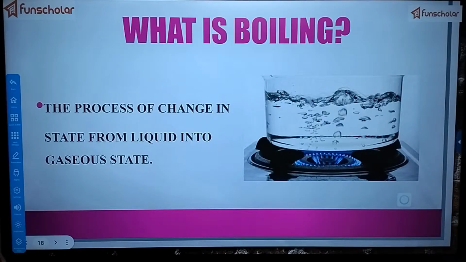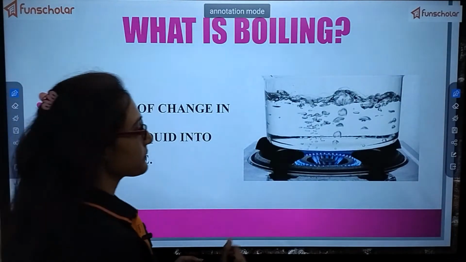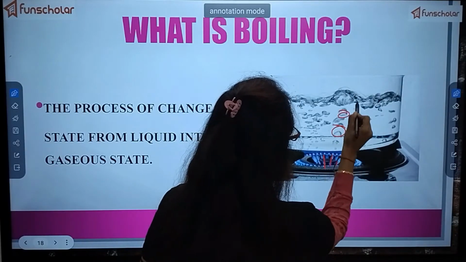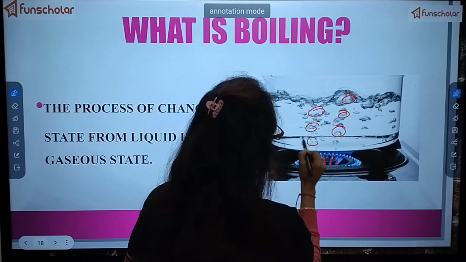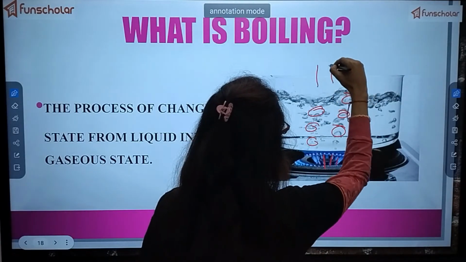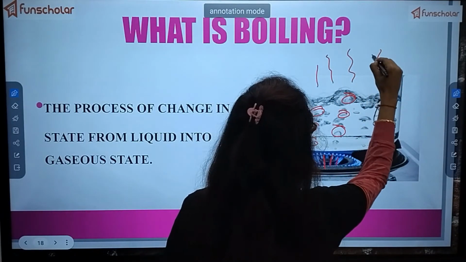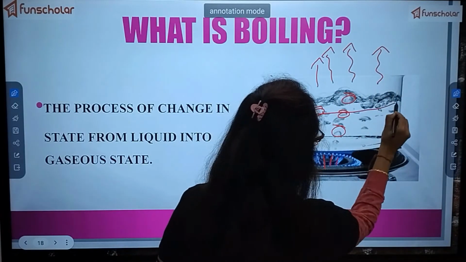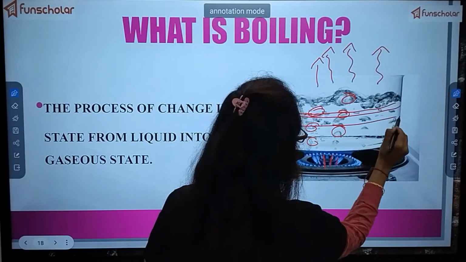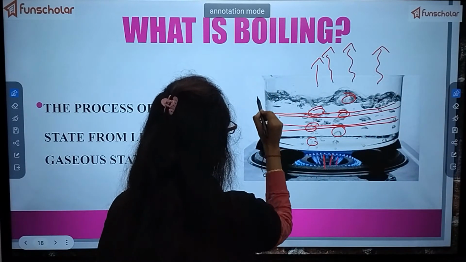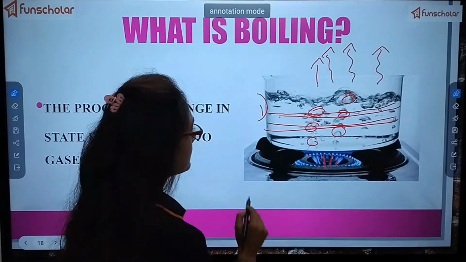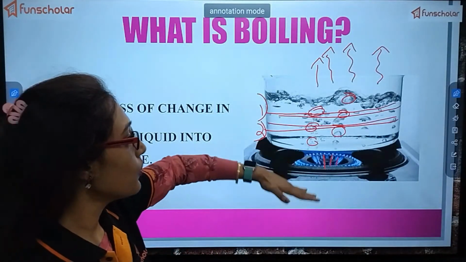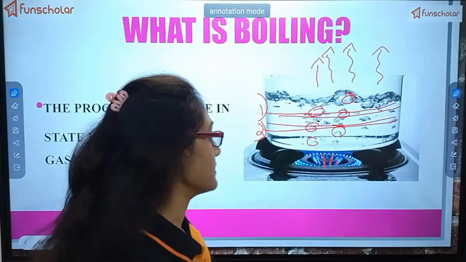Now, what is boiling? See, when you light the gas, the water forms bubbles, right? And after some time you can see vapors going up and the level of water reduces with time, right? If at present it is at this level, after 1 hour it will be at this level, until the whole water gets vaporized.